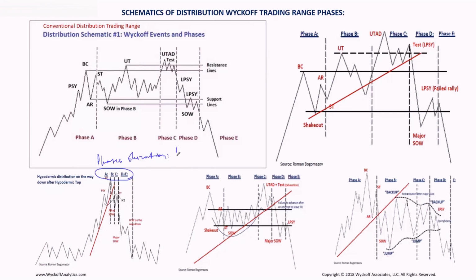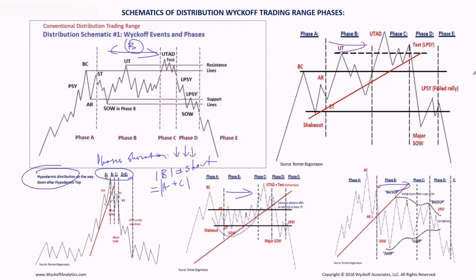So therefore, our phase B is going to be short, and it's going to be in line with phase A and phase C. Usually we would like to see phase B as one of the biggest phases, right? Look at all of the schematics. Phase B is quite substantial. But in the case of the hypodermic distribution, there's going to be a collapse in duration for the phases.